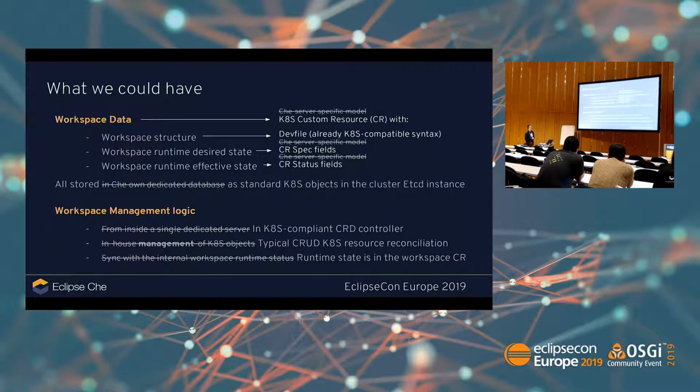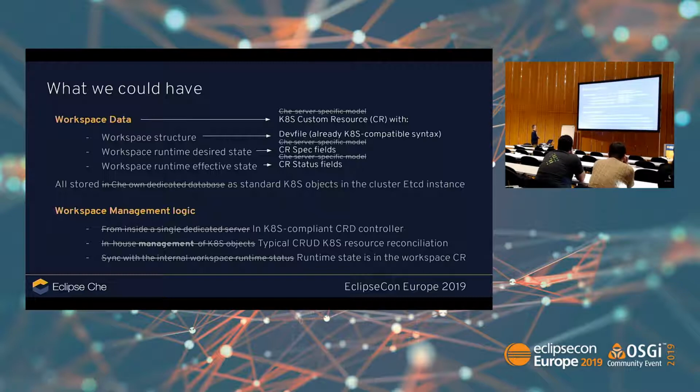And what we could have is everything be custom resources. The Devfile is already Kubernetes-like syntax. So we could have a Kubernetes resource bundling the Devfile, the expected state, and the observed state into a custom resource. Then we can store this directly in the Kubernetes cluster's etcd instance, which allows us to drop the Postgres database.